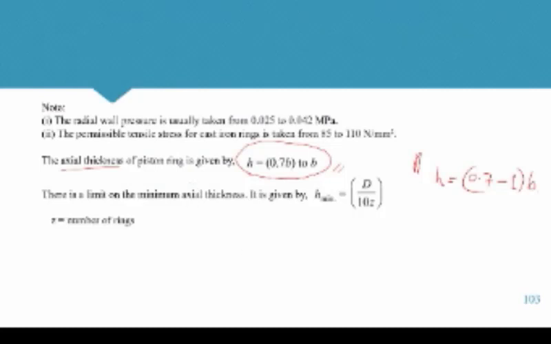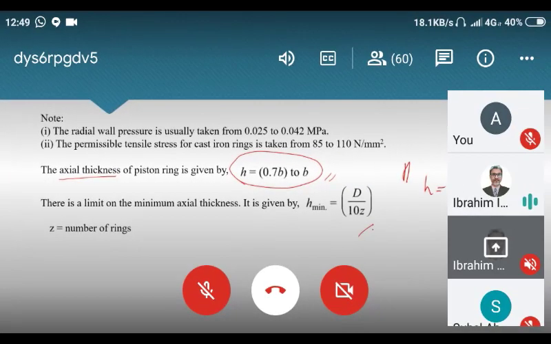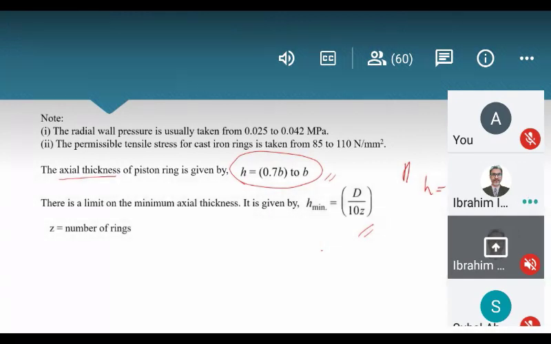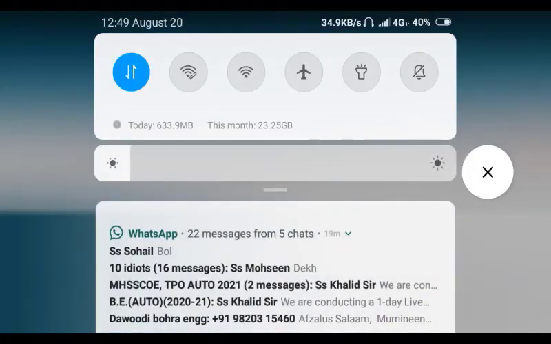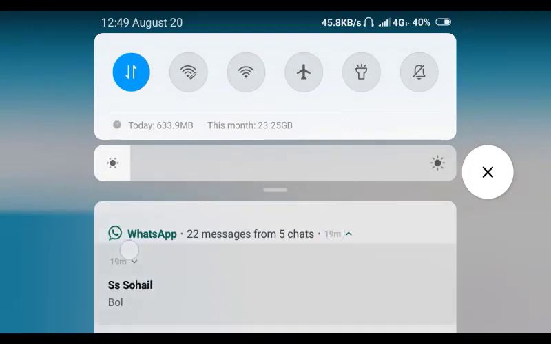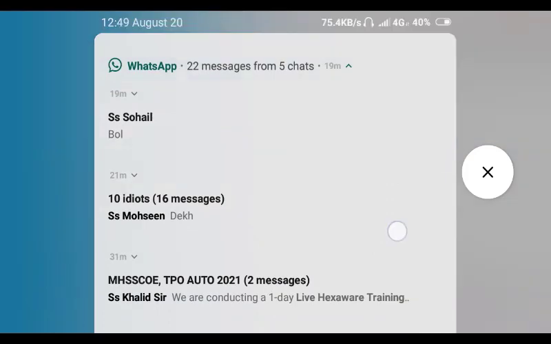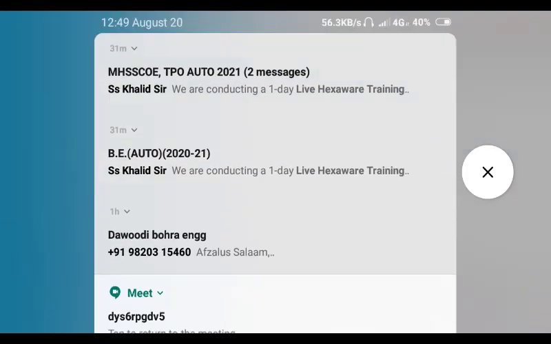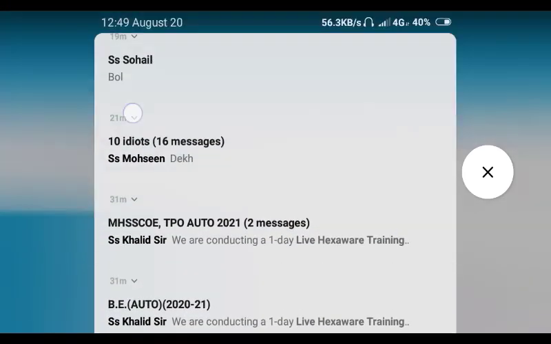Okay, then this empirical relation further restricts the minimum axial thickness. Why? Because we just discussed that instead of selecting a few thick rings, you can select more thin rings.